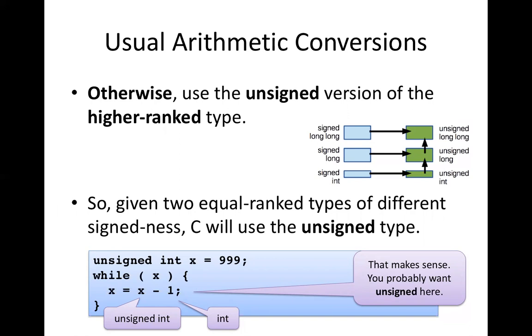You might say, well, why would you want to take a -1 and turn that into an unsigned value? But when it's figuring out the type to use for an operation, it's not looking at the value you're doing math with. It's looking at the type. And that's really what we're talking about here. I know it seems silly to look at a -1 and say, oh, I'm going to make that unsigned.